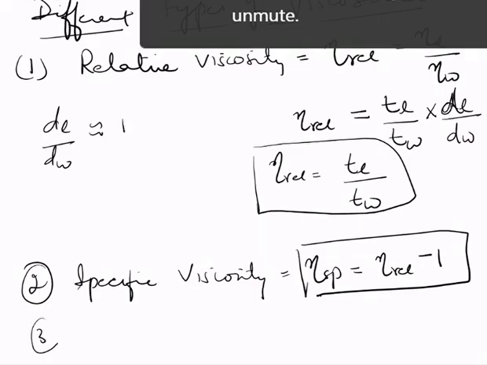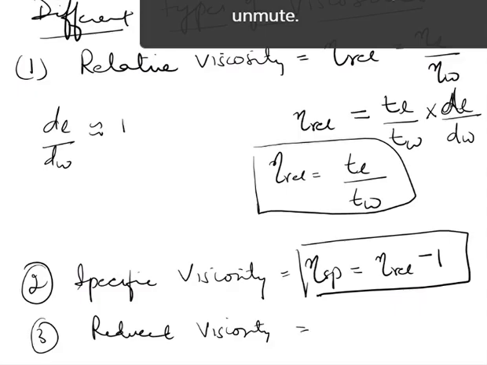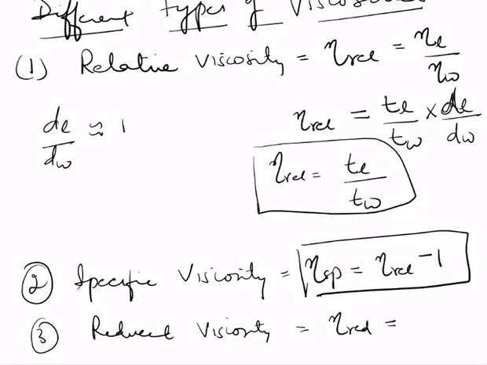Then third is your reduced viscosity. Then how it is used, we'll just look at the application also. Reduced viscosity, it is eta reduced, which is equal to eta specific by concentration class. So division of eta specific by concentration will give you the eta reduced or a reduced viscosity class.